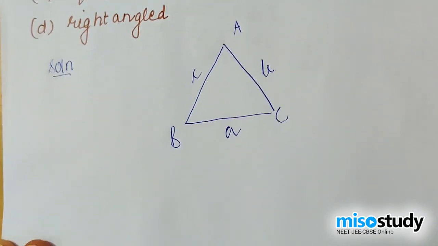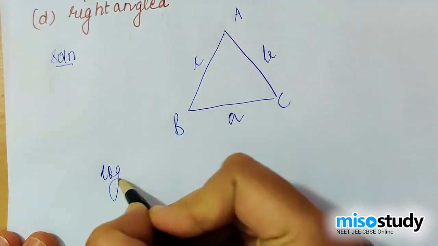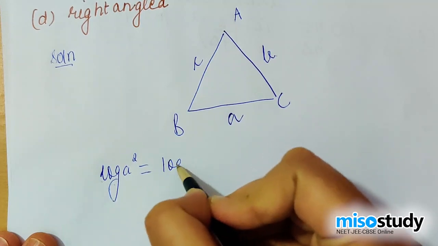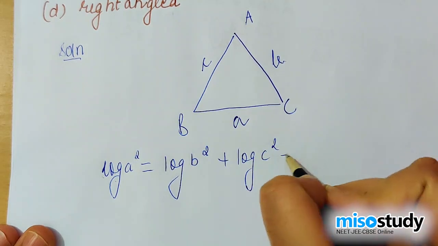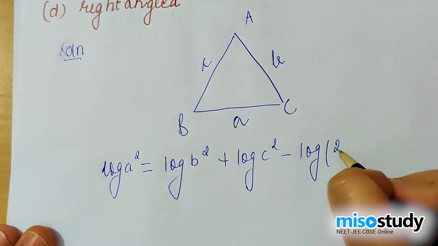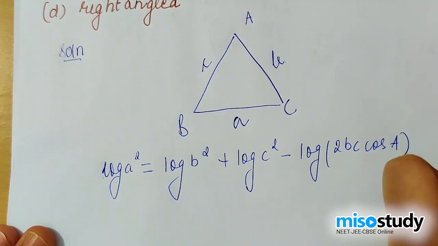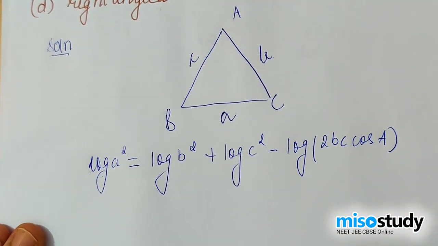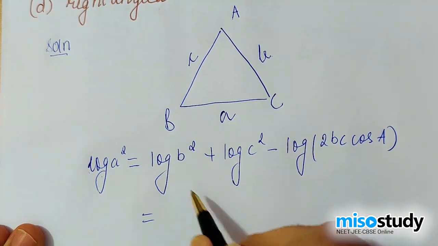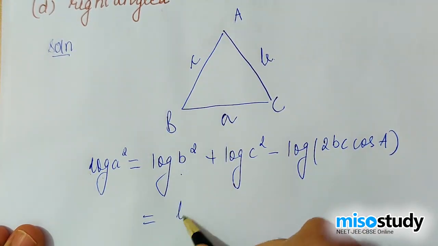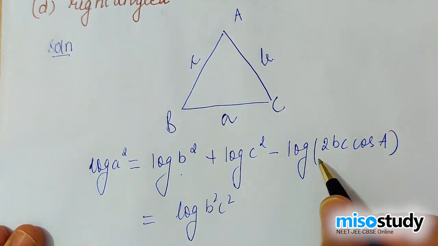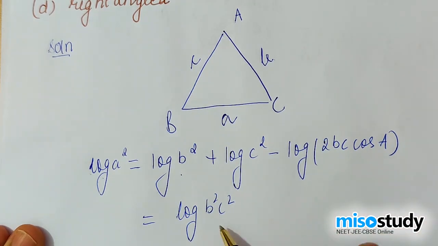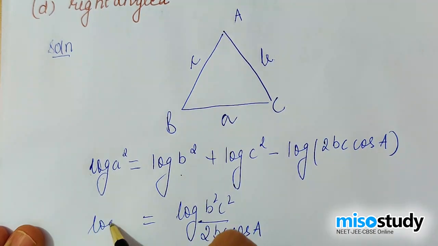Now the condition that's given to you is log of a square is equal to log of b square plus log c squared minus log of 2bc cos of angle A. Now if you use the properties of log over here, we know that log a plus log b is log ab, so log b squared c squared, and log a minus log b is log a upon b, so this will go in the denominator, and this is log of a square.